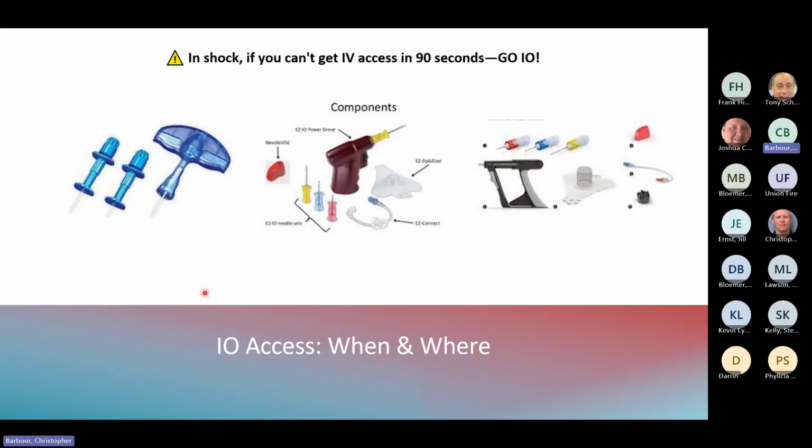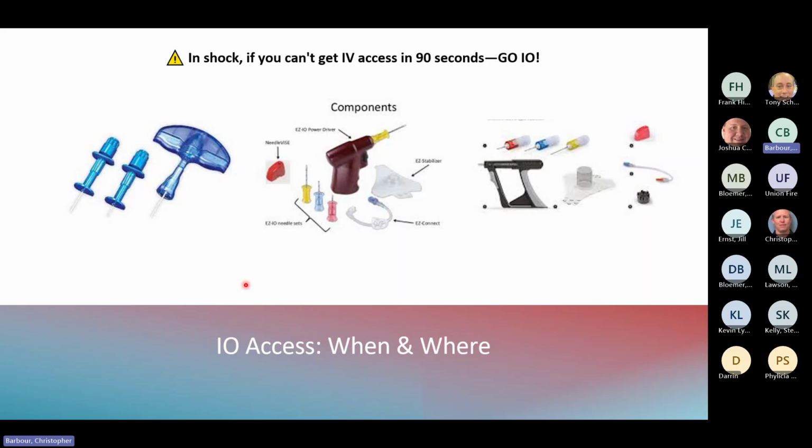The one I'm most familiar with now is the EZ-IO. Not a sales pitch for them, but just as a way of pointing it out. I'm pretty sure the SAM has similar size needles. But these needles are all 15 gauge. So if you have a baby and you're trying to start an IV on them, typically, if you're having a good day, maybe you get a 20 in them.